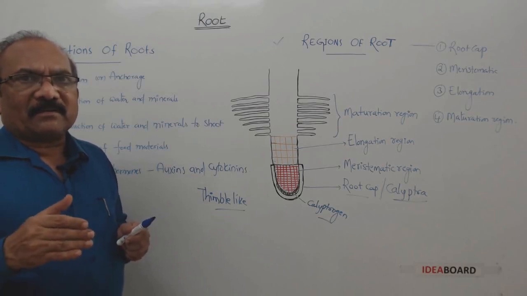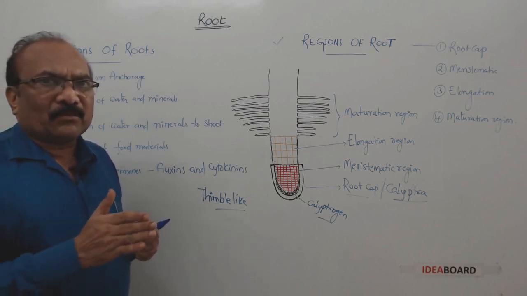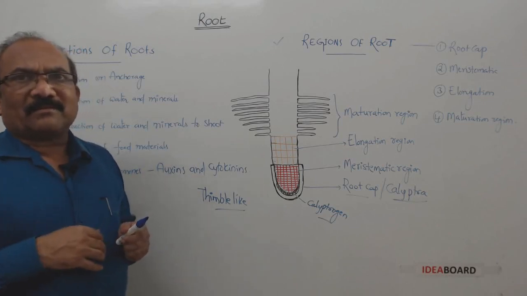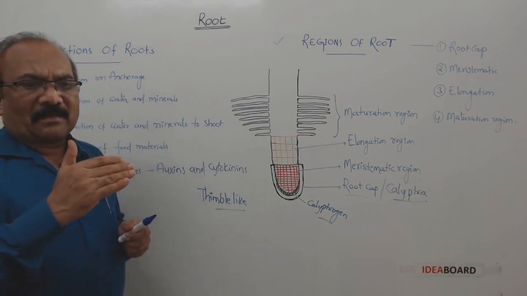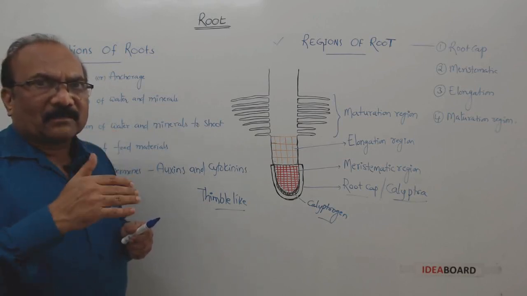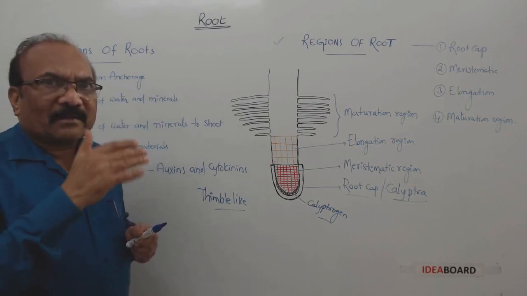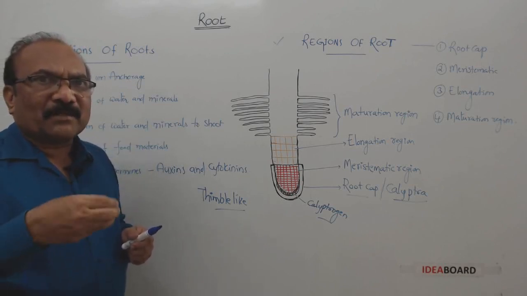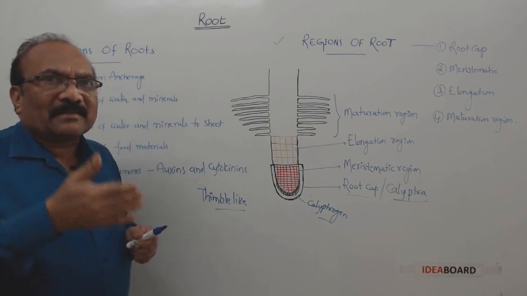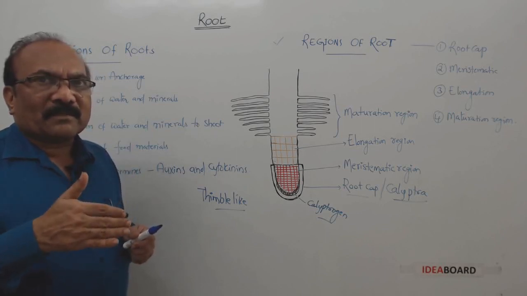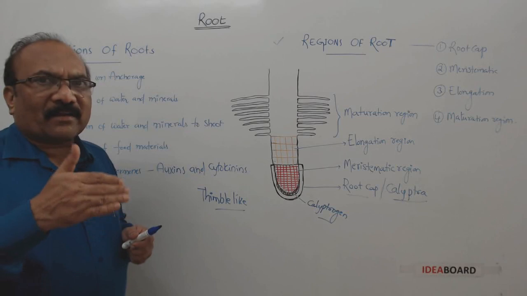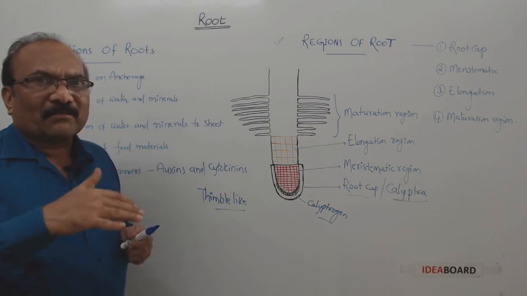While the root is moving through the crevices of the soil, the upper portion of the root cap may get removed, and it is replaced by new layers. So remember that the root cap is formed layer after layer, while old layers are replaced by new layers.